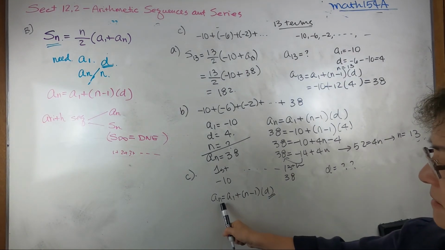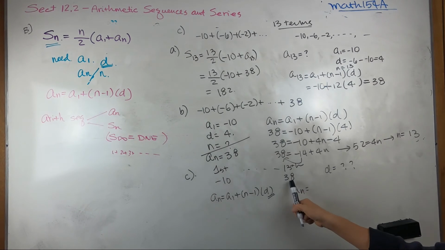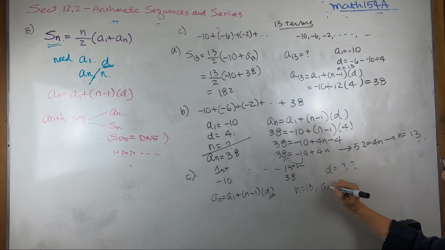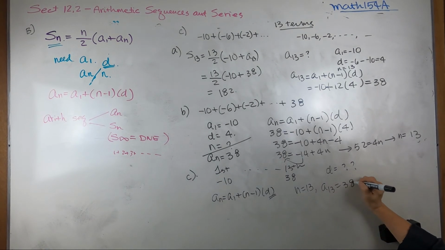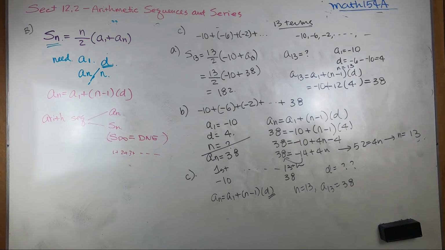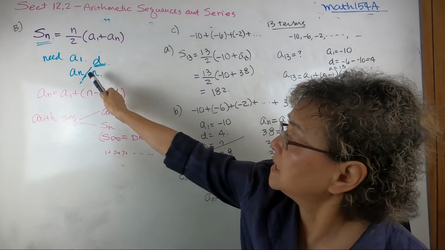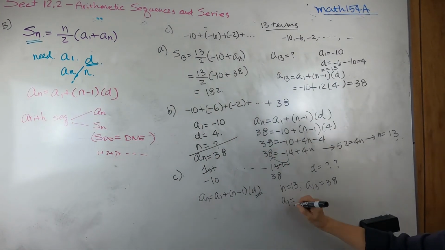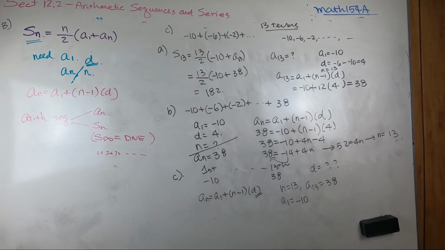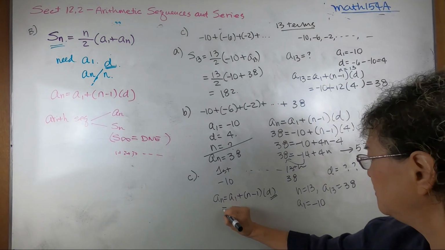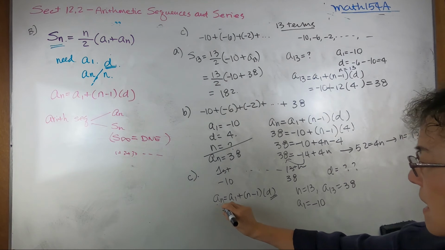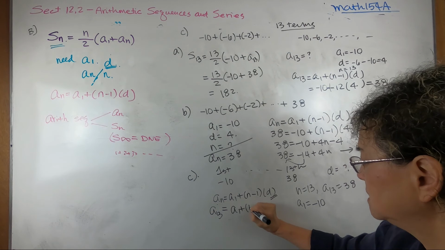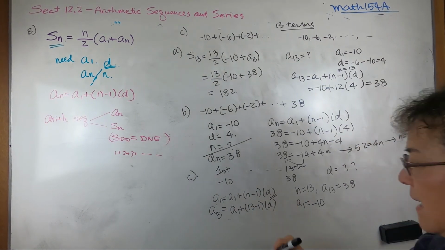We want to find the D. Do we know the AN? AN, the last term for the 13th, right? When N is 13, A13 would be 38, right? So we have N and AN. We want to find the D. We do have A1, which is negative 10, right? So we plug in this formula, A13. A13 is A1 plus (13 minus 1) D. Is that right?